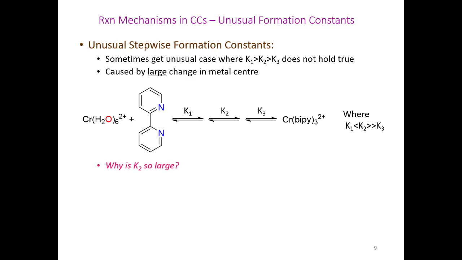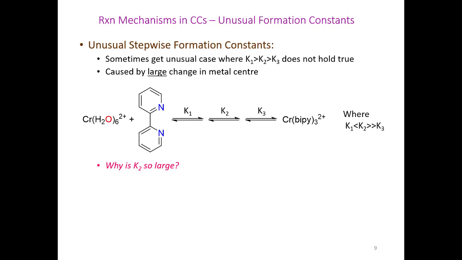So why is K2 so large? There has to be some sort of large electronic or structural change that is occurring. So is there a large difference between the aqua ligands and the bipyridine ligands? Well, one difference is that one's a chelate and one's a monodentate, but there's no inherent property of chelating ligands that demands they change the electronic structure of a metal center greatly when they bind.